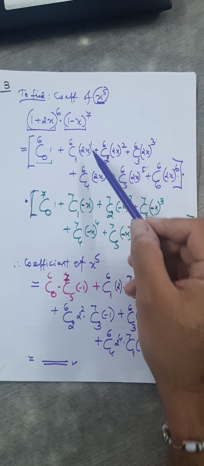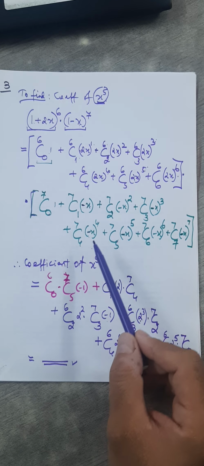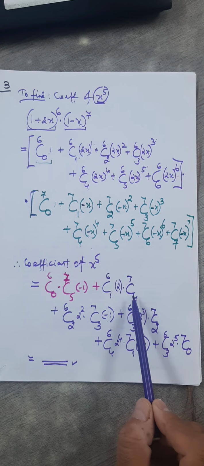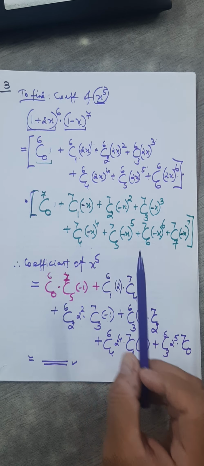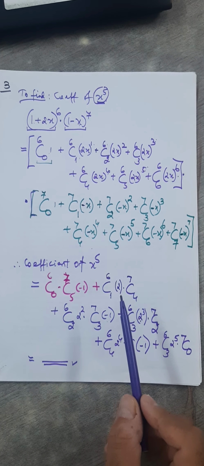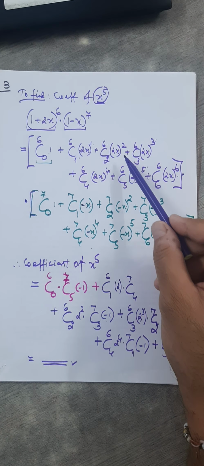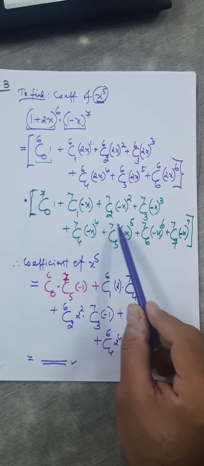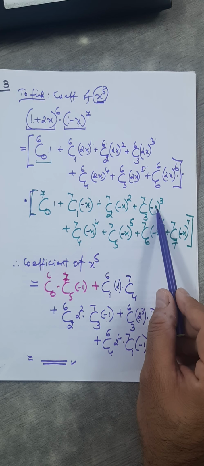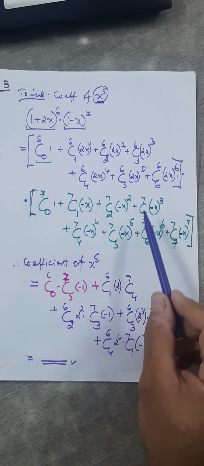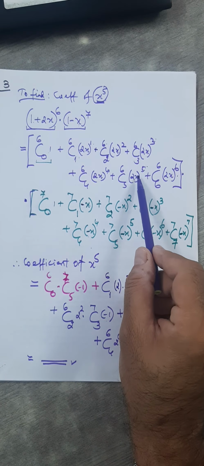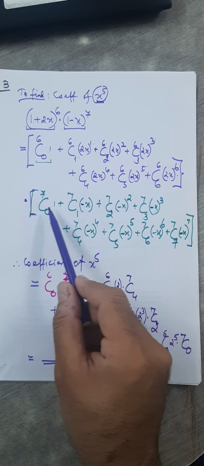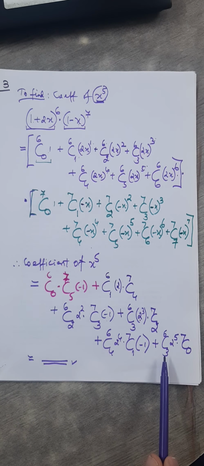So 6c1 into 2 into 7c4 into, this is 1, remember, because minus 1 raised to 4 is just 1. Then next come to the x squared term, 2 square 6c2, that should be multiplied with x cube. But here the minus sign will come, into 7c3 and so on. X raised to 5 is multiplied with the constant term. So that's the final term here.